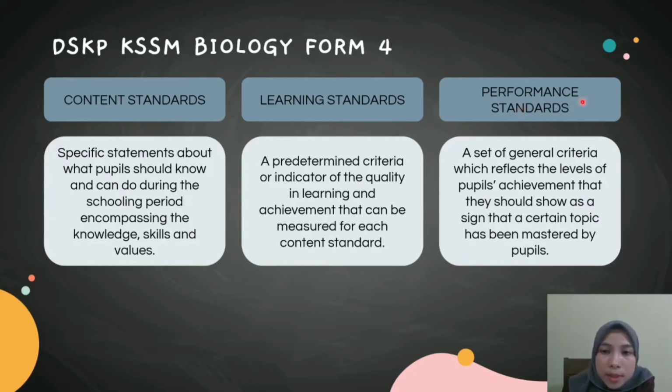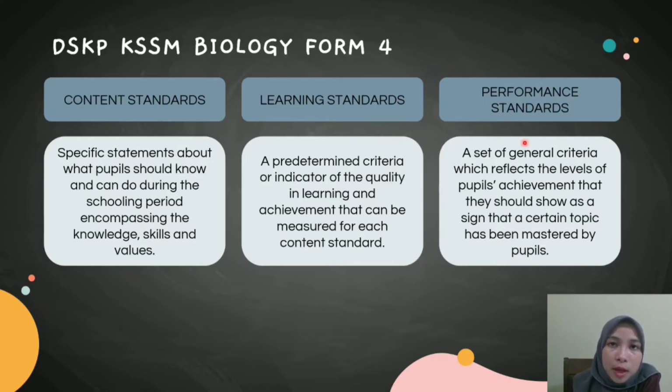Next is performance standard. Performance standard is a set of general criteria which reflects the level of pupils' achievement that they should show as a sign that a certain topic has been mastered by pupils. Knowledge and science process skills integrated in the learning area are assessed based on the stated performance standard.